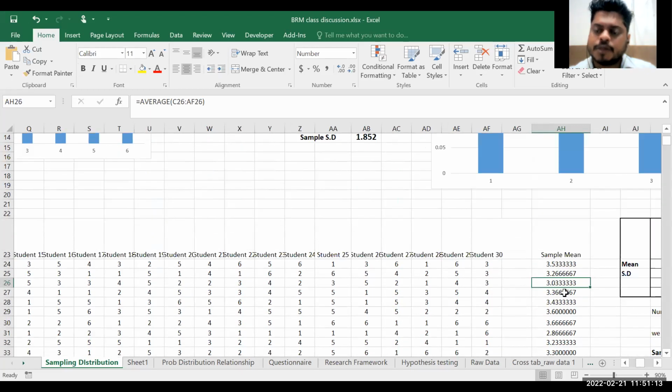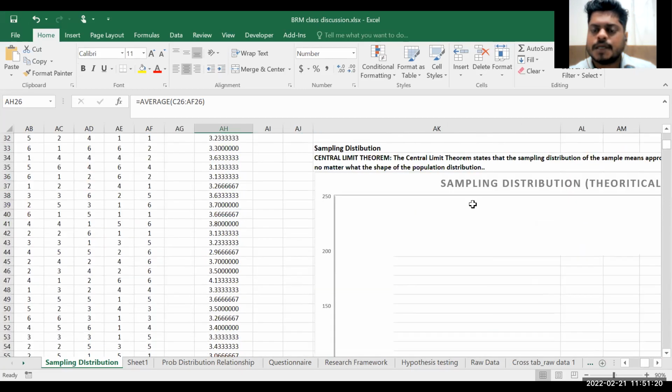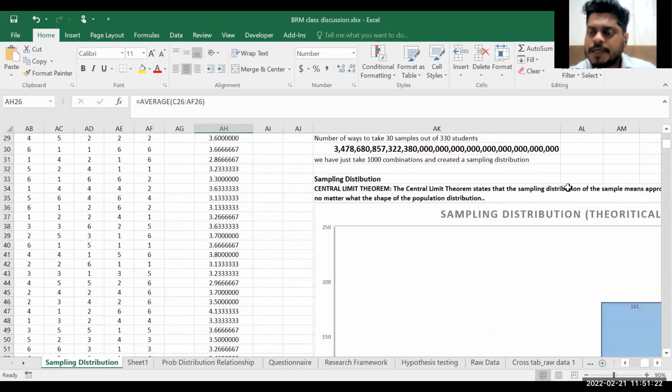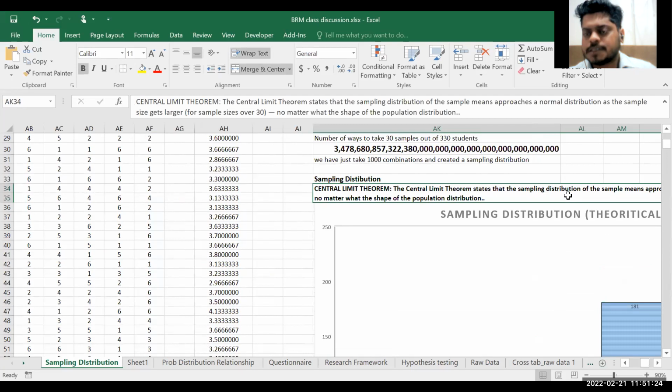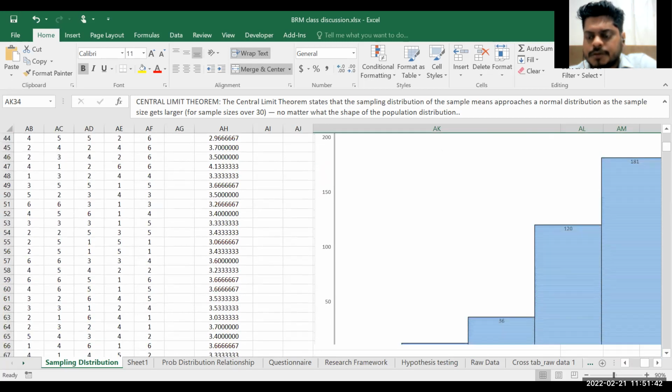So the central limit theorem says that if you start plotting these sample means, the sampling distribution of the sample means, with the means on the x-axis and the probability of those means on the y-axis, that distribution of sample means, which is known as the sampling distribution, will be a normal distribution.